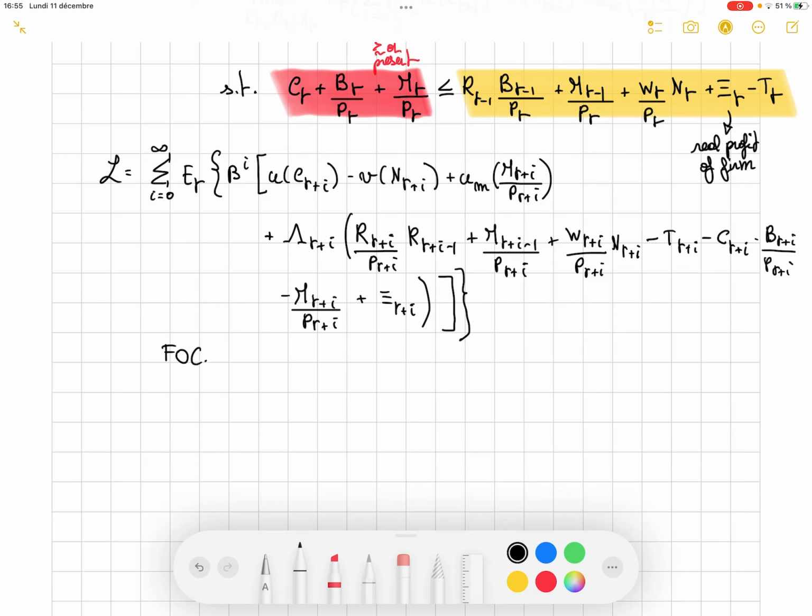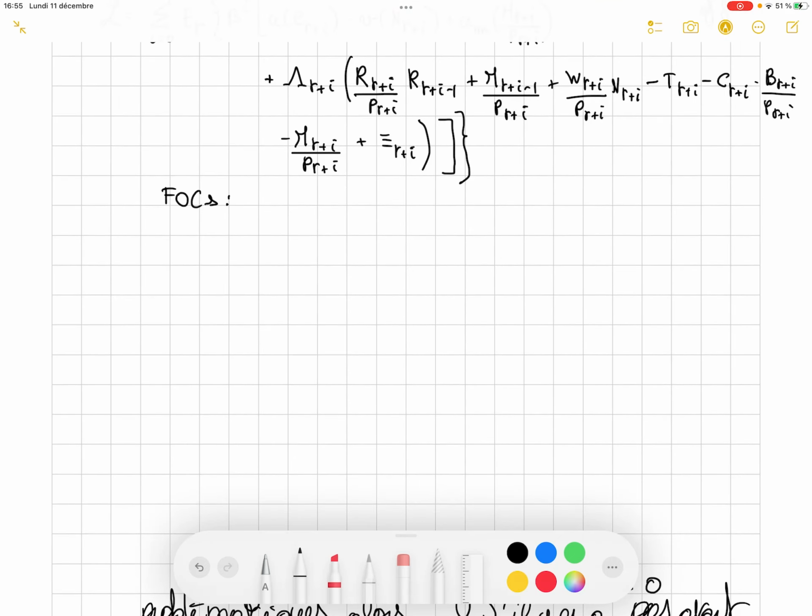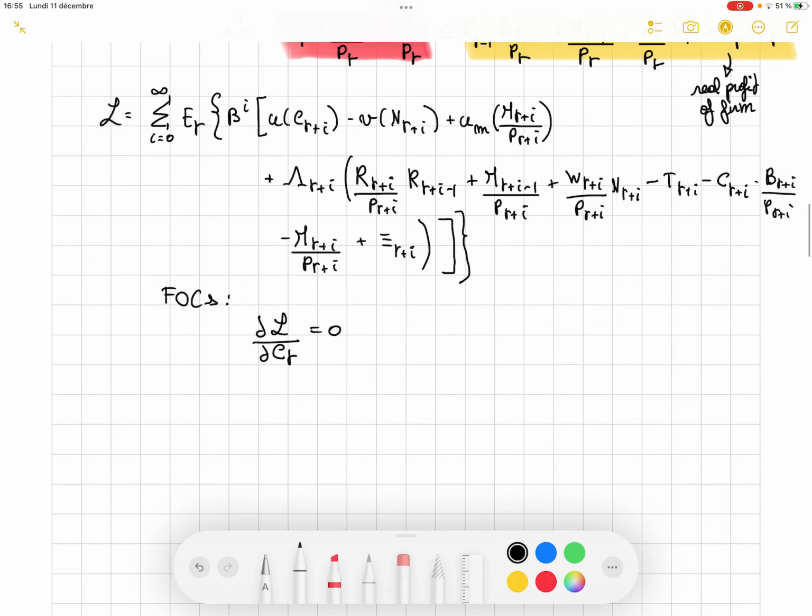So now we will compute the first order conditions, which are the conditions for the maximization of utility from the household perspective. And here we take first the derivative of the Lagrangian with respect to consumption, which is equal to 0. From that we see that consumption is only entering here and here, right?